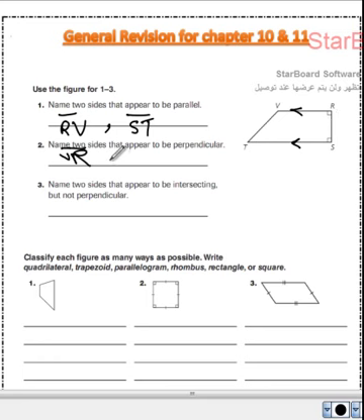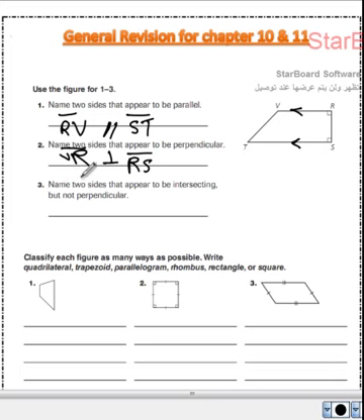No, it's not RZ, it's RS. Yes, VR and line segment RS. And if you wrote the sign of perpendicular between them, you are perfect. And if you wrote the sign of parallel between them, you are perfect also.